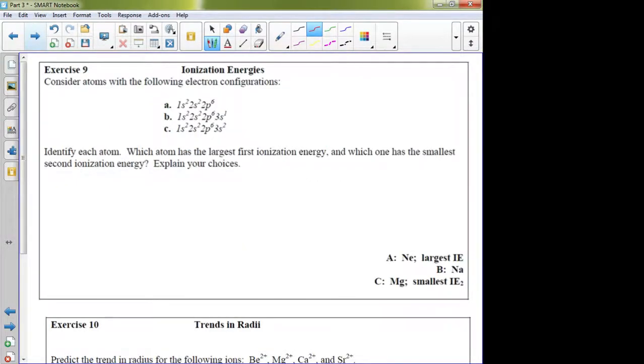All right, exercise 9. Consider atoms with the following electron configurations. The first thing says, identify each atom. What is 1s2, 2s2, 2p6? Neon.